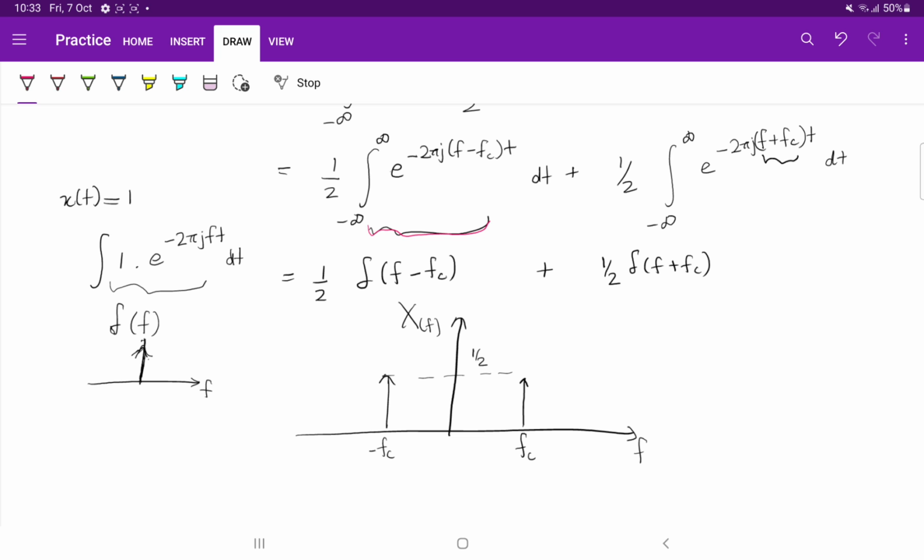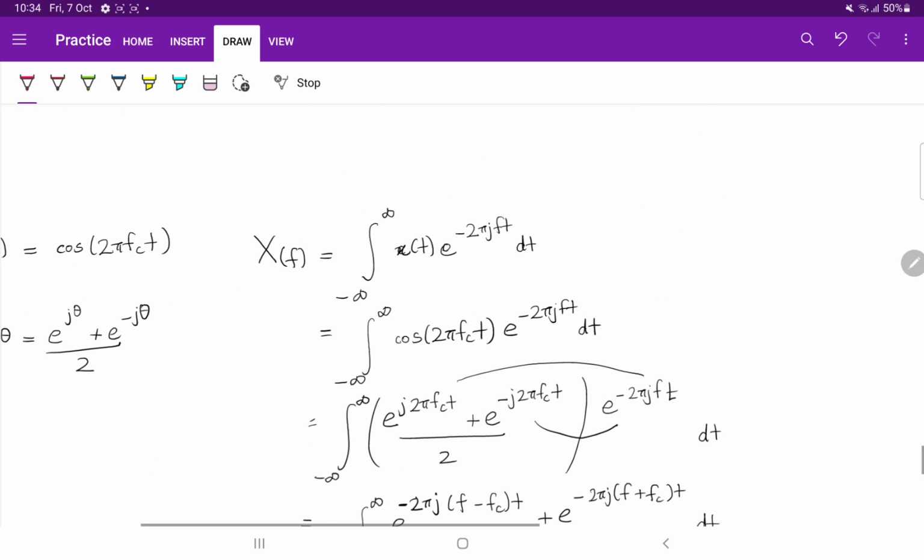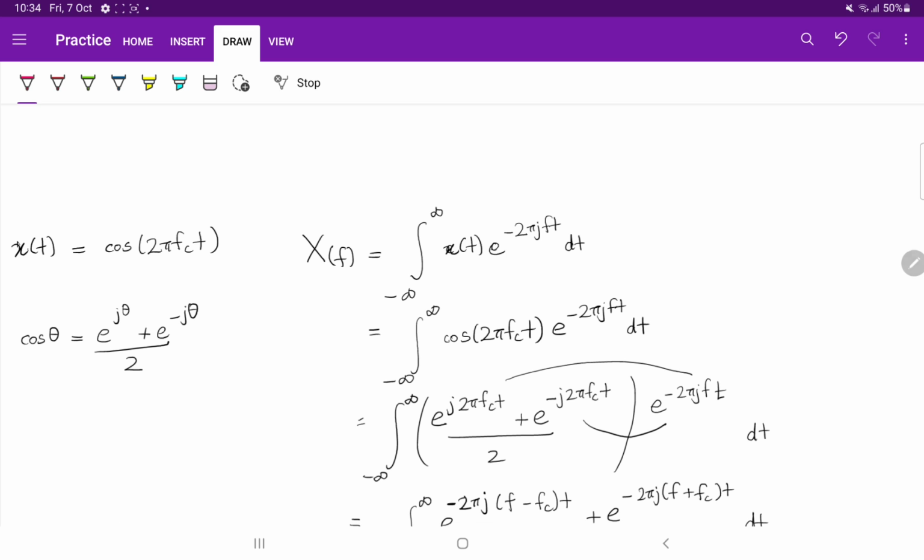Instead of that, in our previous video we learned that when x(t) is equal to 1, the Fourier transform of that x(t) is the direct delta function. By using that technique, that definition, we get this result. It's going to be like this.